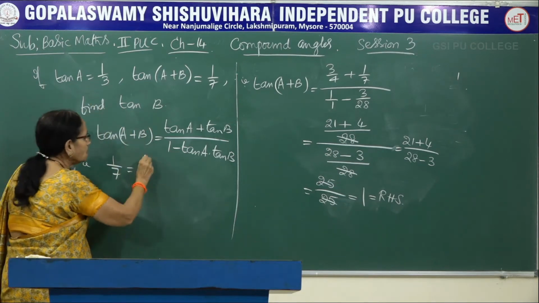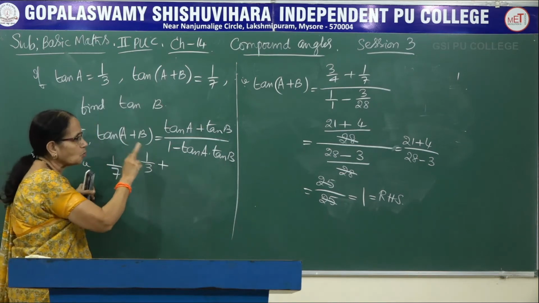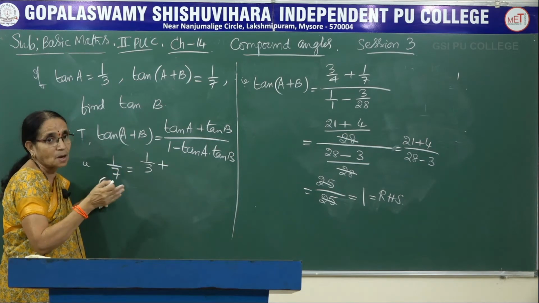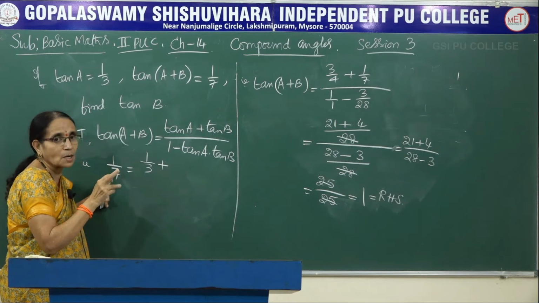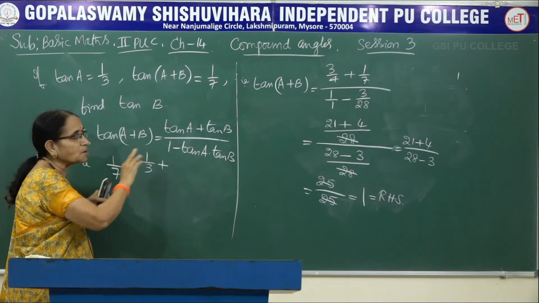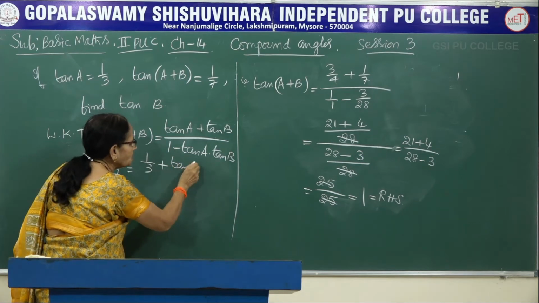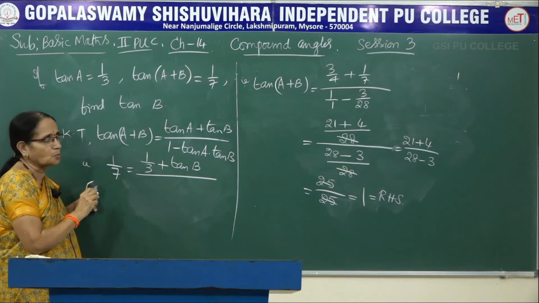Tan A is 1 by 3 plus, see there are two methods. One, you can keep tan B as it is, or you can take it as x. Suppose you take it as x, afterwards, after getting the value, you have to remember, you have to replace x by tan B. Instead, you can keep tan B as it is, which is the unknown quantity which has to be calculated in this problem.